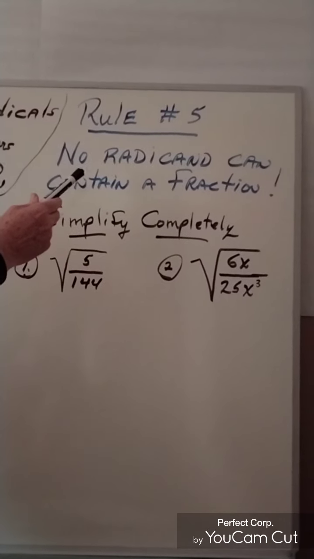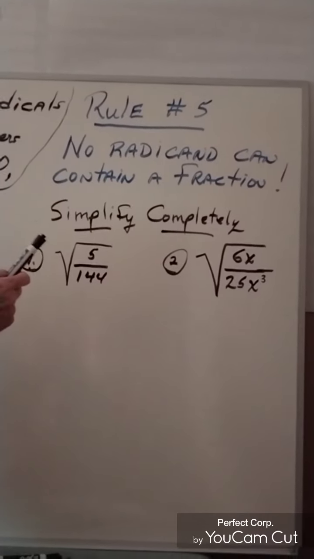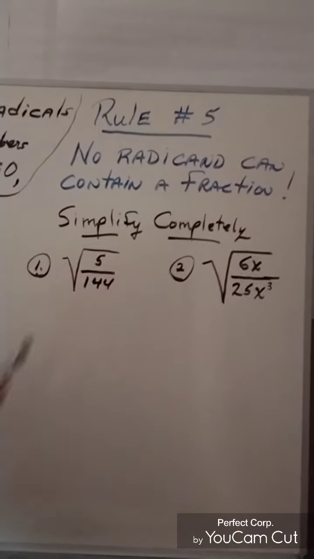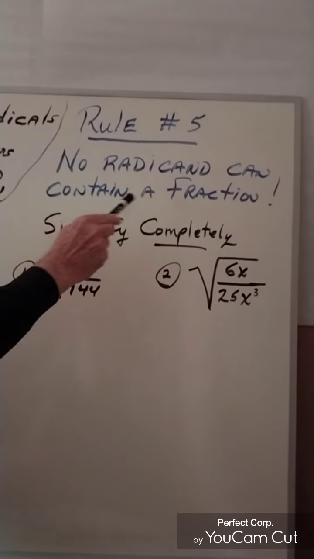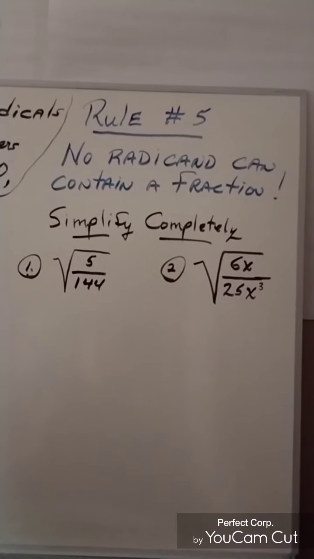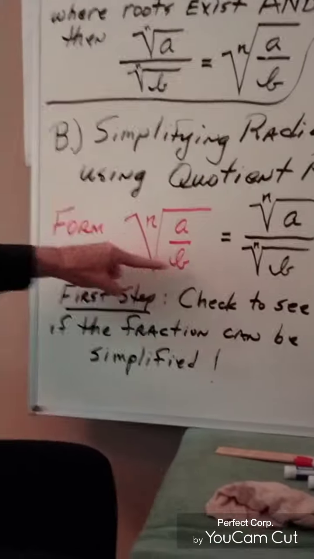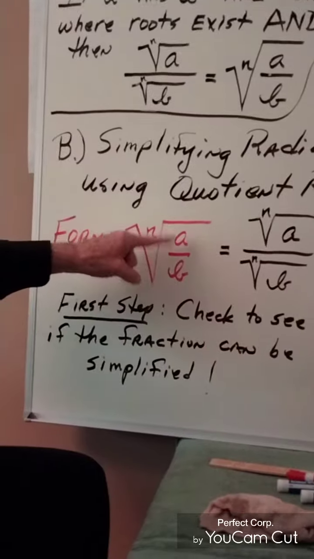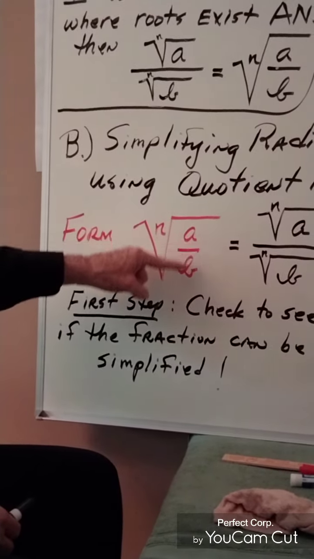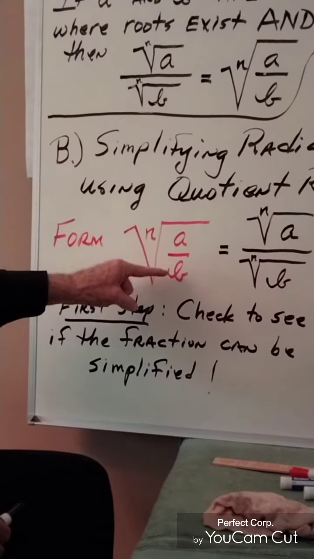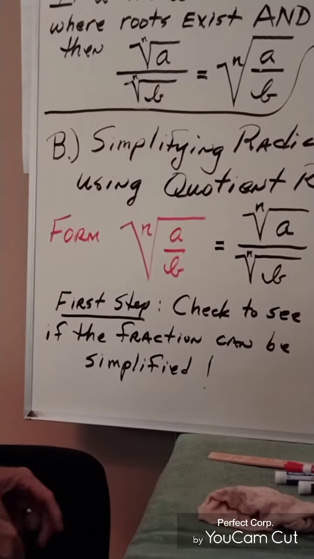A basic declarative sentence: no radicand can have a fraction. No radicand can contain a fraction. You see in this form, just right here? Look at your radicand. It contains a numerator over a denominator. It contains a fraction. You can't have a fraction as a radicand.